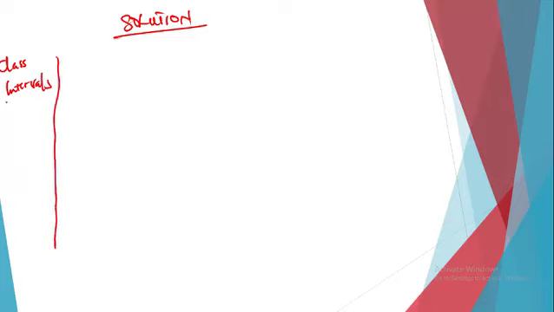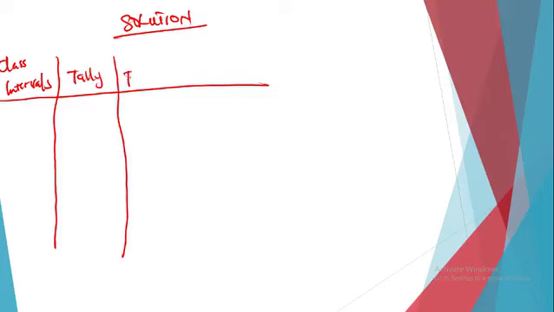Solution. We first of all have a class interval, which is the first column. Class intervals, and we then have our tally. Then we have our frequency, and then we have our class boundary.